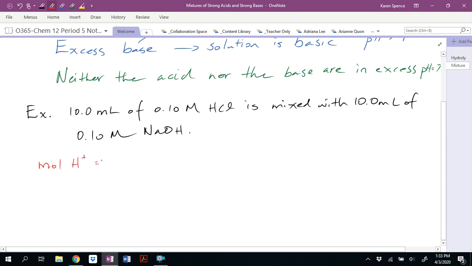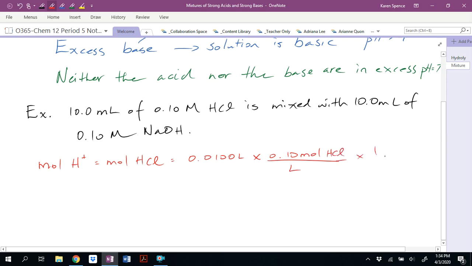Okay, so that's going to be equal to the moles of HCl, which is 0.010 liters times 0.10 moles per liter of HCl.